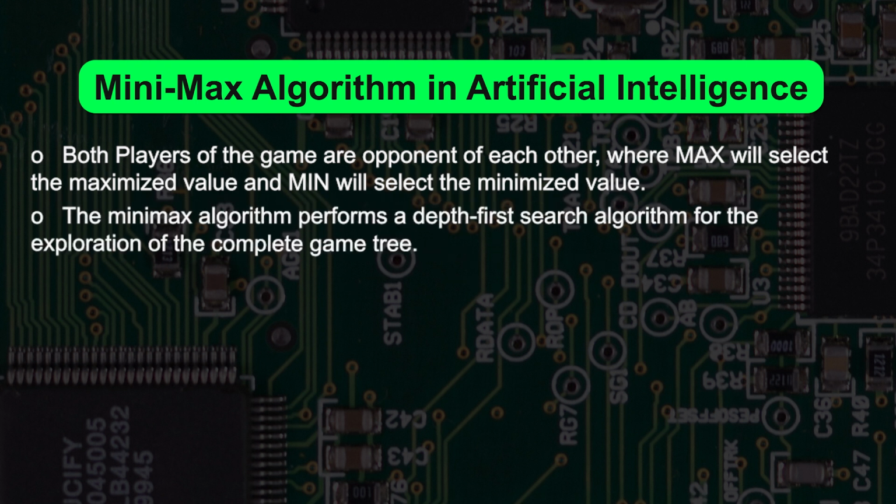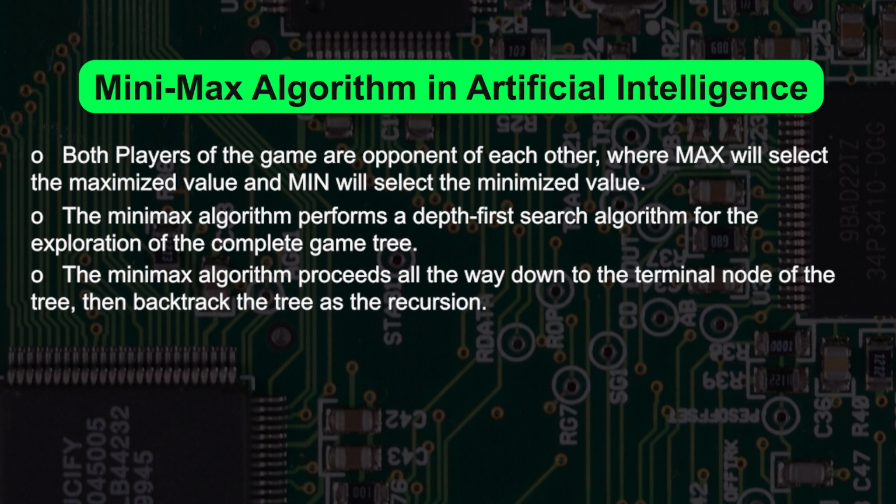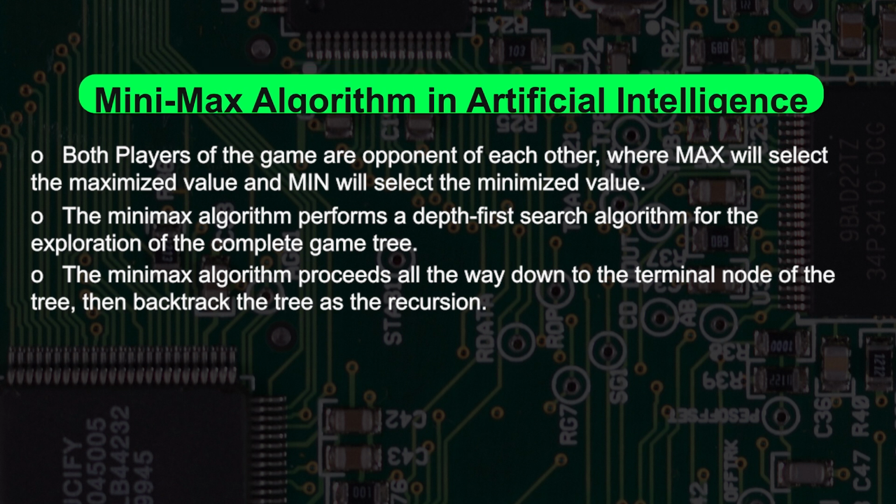The minmax algorithm performs a depth-first search for the exploration of the complete game tree. It proceeds all the way down to the terminal node of the tree, then backtracks the tree as recursion. So let's understand the game theory.